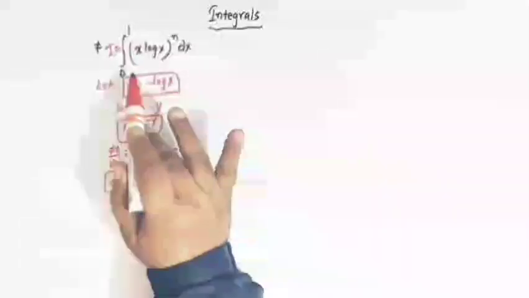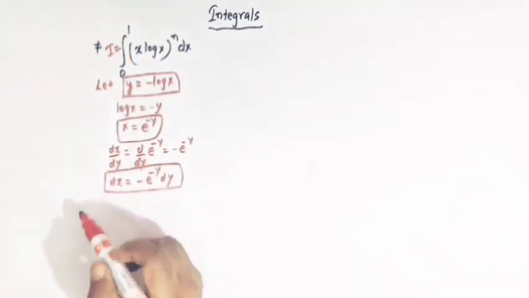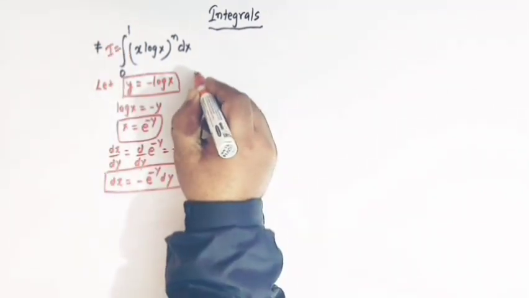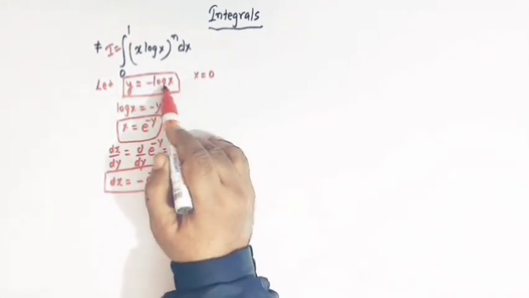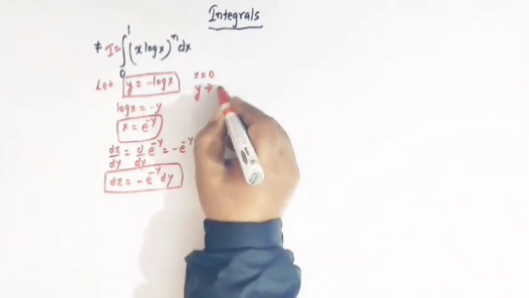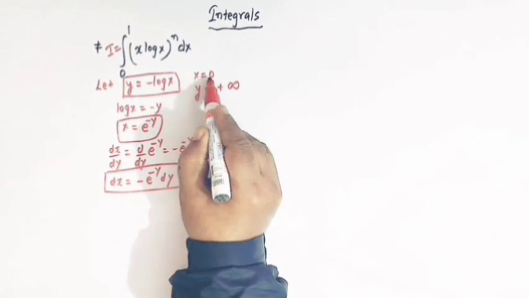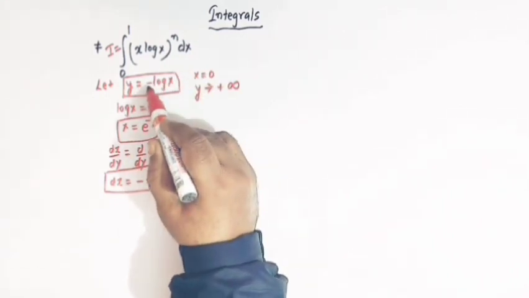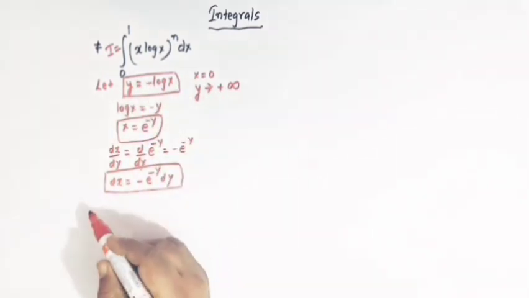Okay, now we'll change the limits. So here we see that the limits vary from 0 to 1, right? So when x is equal to 0, then y tends to positive infinity, right? Because when x tends to 0, then log 0 tends to minus infinity, and here we have a negative sign. So we have y tends to positive infinity, right?